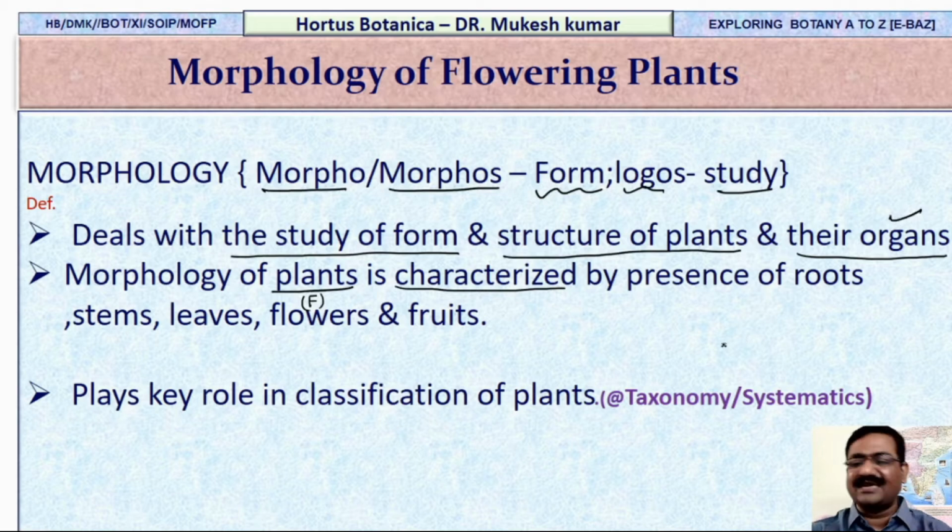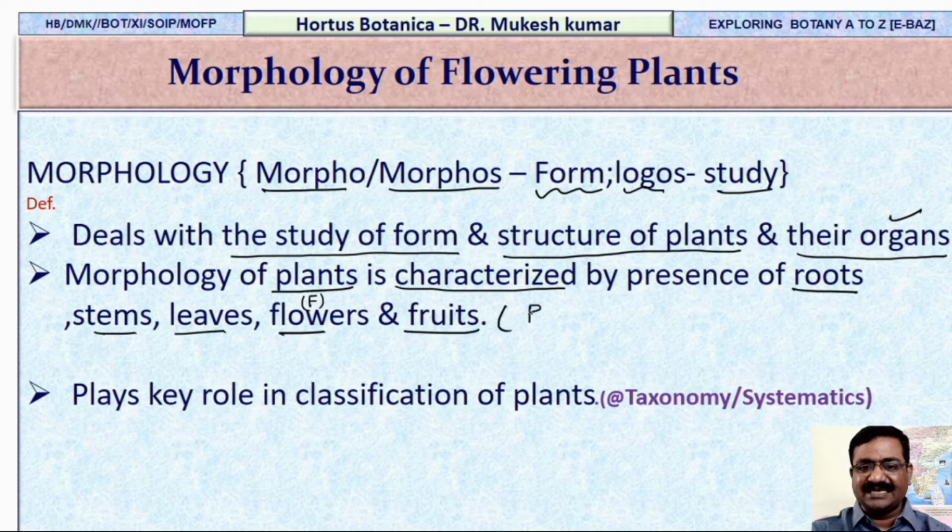Yes, it is characterized by the presence of root, stem, leaf, flower and fruits. Remember, again I told you, root, stem, leaf, flower and fruits, right? Whenever you study only the root, stem, leaf, with no flower, it is the morphology of pteridophyta, right?